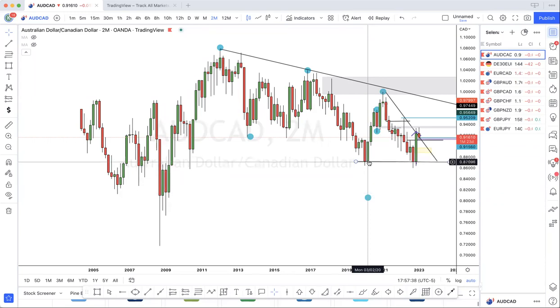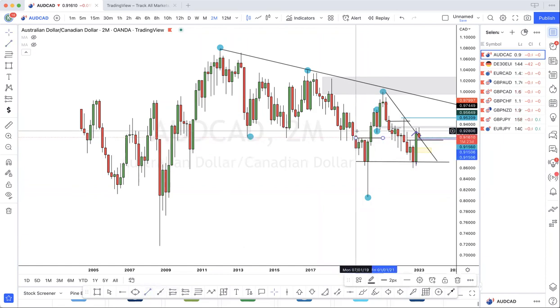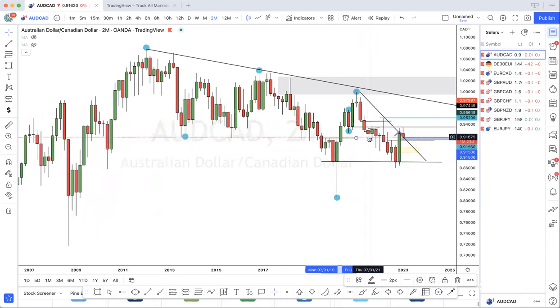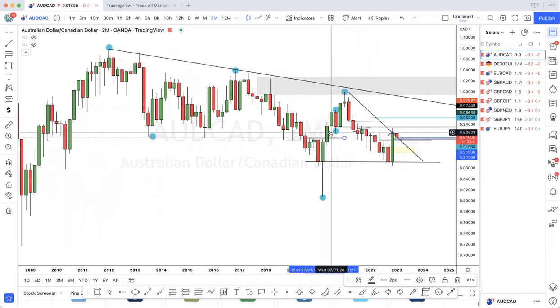Once it gave this rejection, once it even broke this high right here, again, we're looking at it from a higher time frame, but it's the same thing on the lower time frame. Once it rejected and broke this high, then you're looking for buys up to your trend line based off of market structure, because price is bearish at this point.